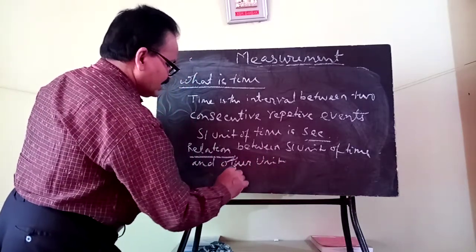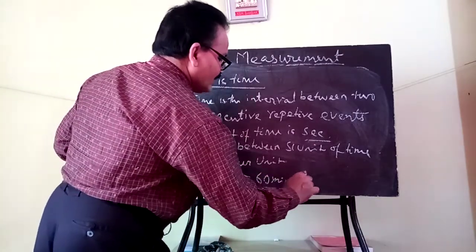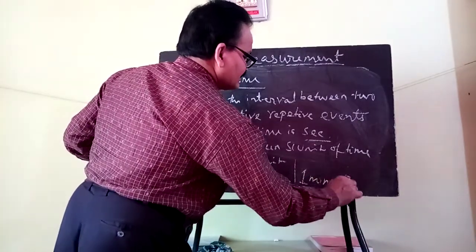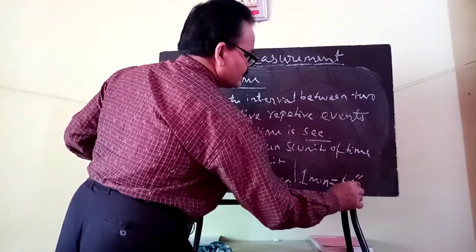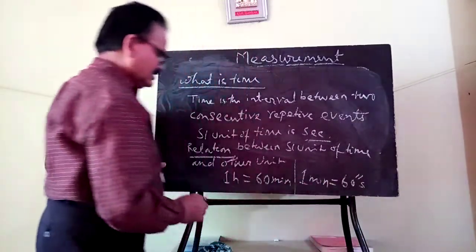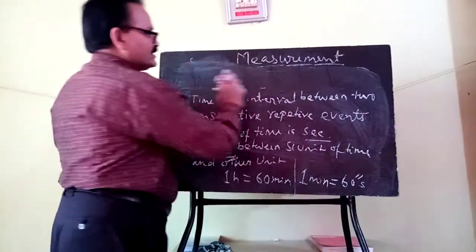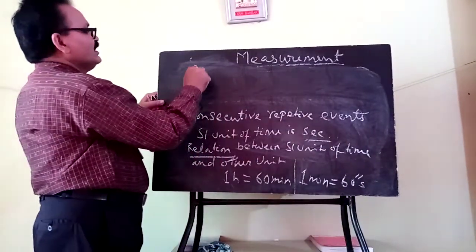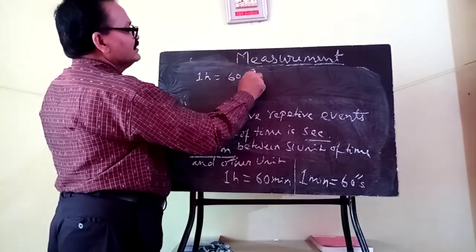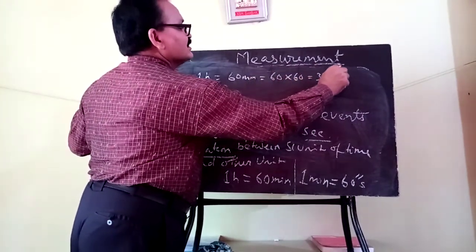One hour is 60 minutes. 1 minute equals 60 seconds. So 1 hour can be expressed as 60 minutes, which is 60 into 60, this much of seconds.